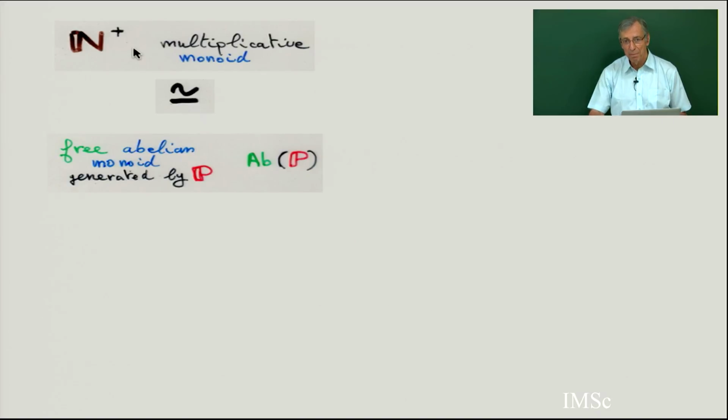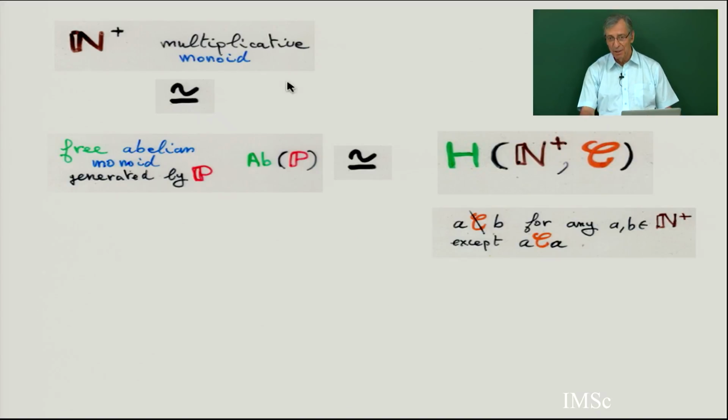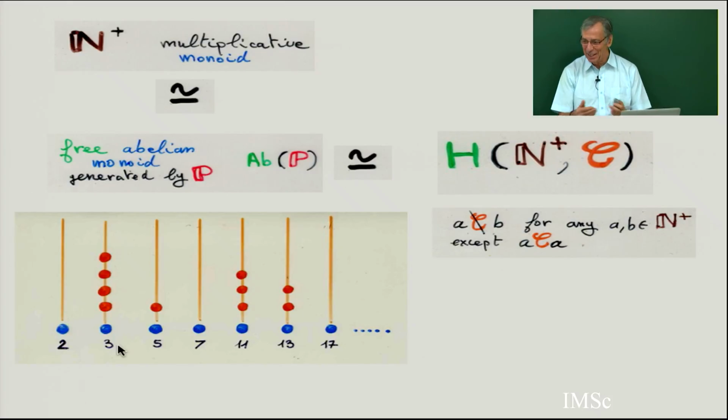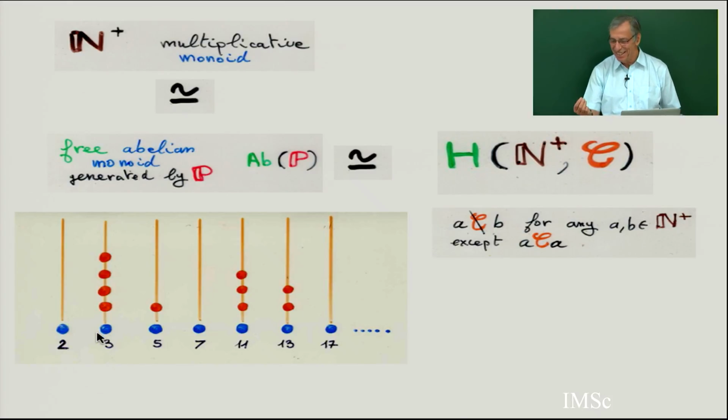So it's a free abelian monoid, every letter commutes. And then you have that the multiplicative monoid is equivalent to the free abelian monoid. In other words, any number, if you like pictures, I like pictures, I say, so all the letters commute, no pieces are independent, and any number n, in fact, is in bijection with a heap of balls. Each basic piece is a prime number, and this is a decomposition of the number into prime numbers.